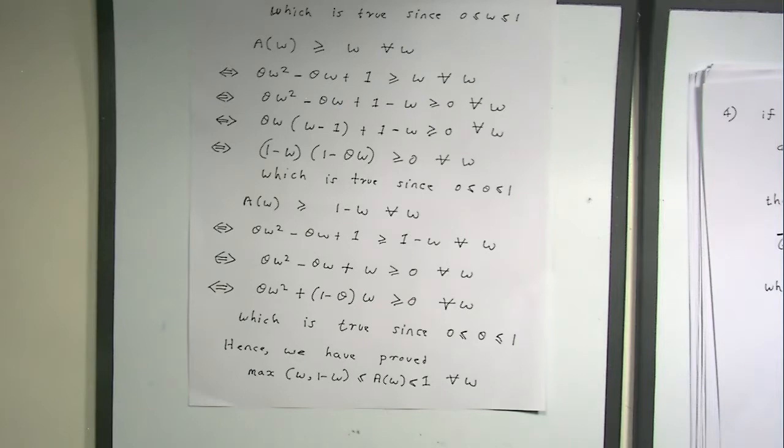So to prove this statement, you need to do three things. First, you need to show that A of omega is less than or equal to 1. Second, you need to show that A of omega is greater than or equal to omega. And third, you need to show that A of omega is greater than or equal to 1 minus omega. So you need to prove three things to prove this statement. Okay? Alright, guys? So that's what I have done so far.